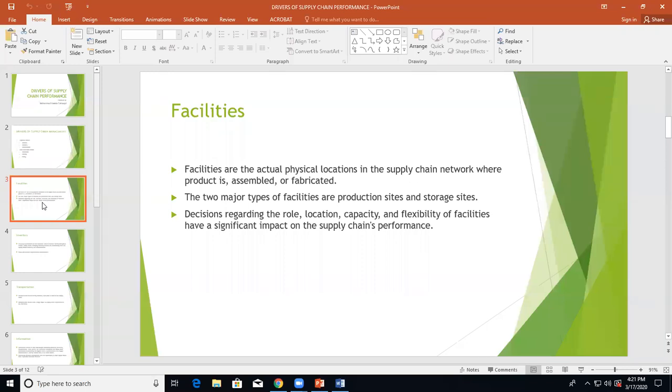We get the responsiveness and we get the efficiency through the drivers. If we want to tackle the supply chain, if we want to get the best out of the supply chain, we need to use the drivers at their best. This is for understanding, okay? That's all. I will discuss more ahead, it will be clearing you out.